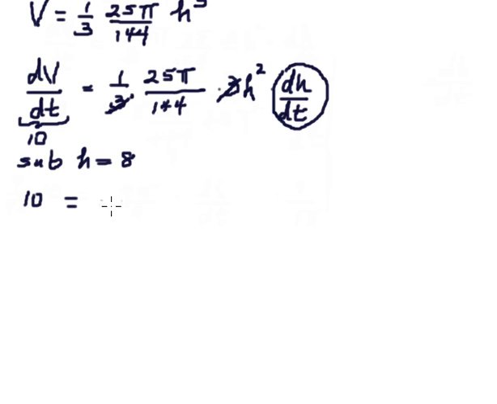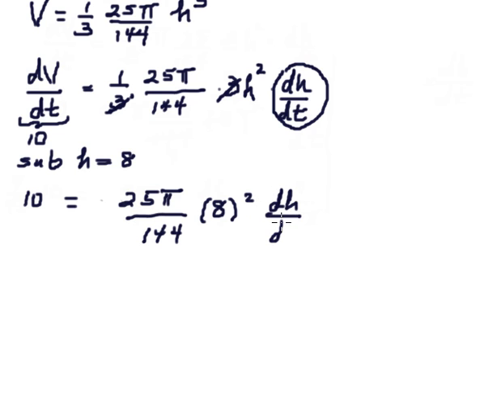Okay, so we have 10 is equal to 25 pi over 144, and here we have 8 squared times dh/dt. 8 squared, that's 64. Replace it with 64.